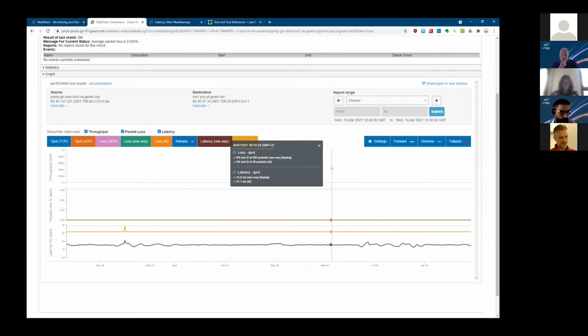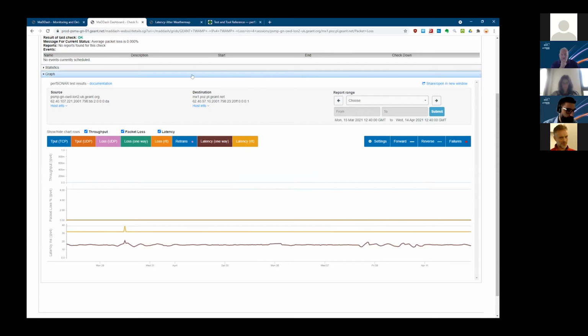But there is room for improvement, and we are going to cooperate with another team to look more into these details, and I'll show you now the implementation from another team.